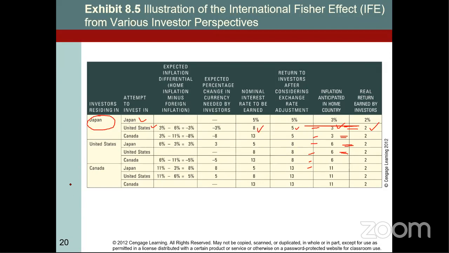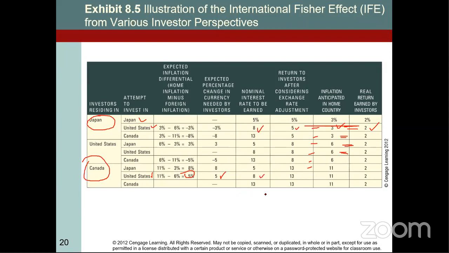So let's say you are Canadian, and the Canadian invests in the US. The Canadian is 11 minus 6 for the US, we got 5. So the expected percentage change is 5 for Canadian persons, and the nominal rate earned is 8%.